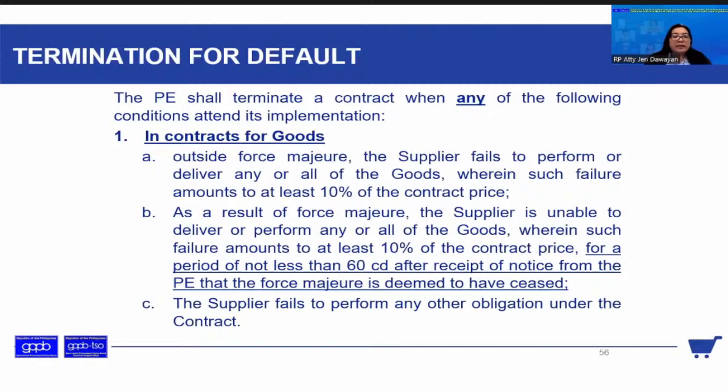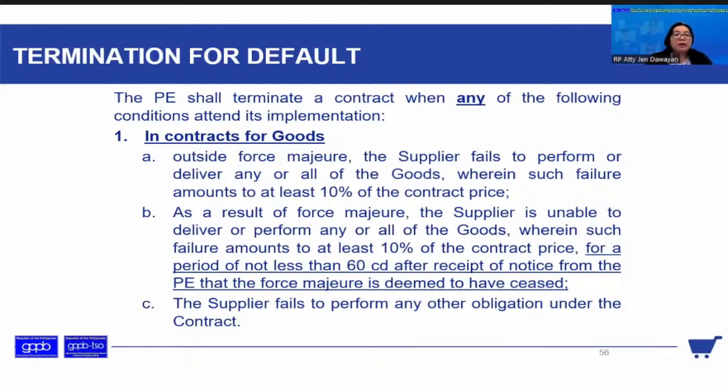And then secondly, as a result of force majeure, the supplier was not able to deliver the goods of at least 10% of the contract price for a period of not less than 60 days after the receipt of notice that the force majeure is deemed to have ceased.